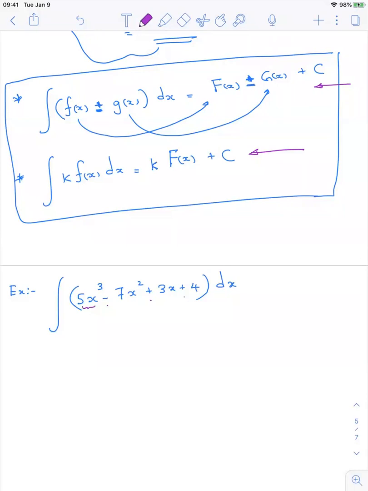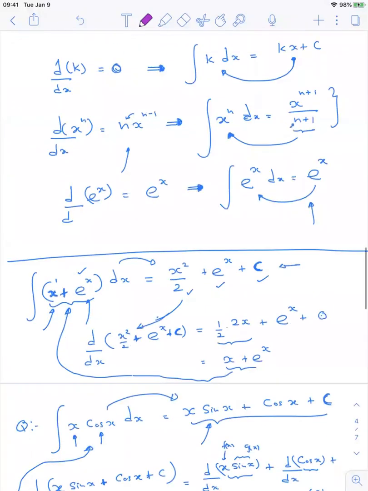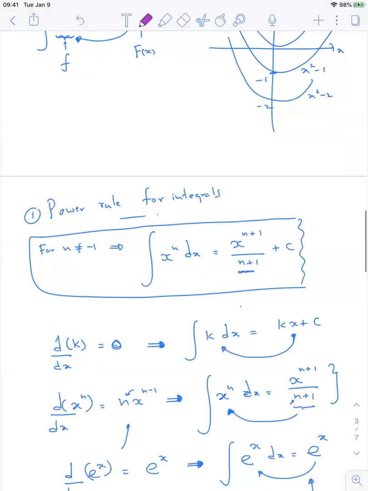So this equation right here tells you that you can keep the constant out and just integrate the function only, x to the power 3. And then when you need to integrate a power function like this, x to the power 3, you can directly use this equation right here that we have learned, right? So you are going to basically apply those 3 steps, right?